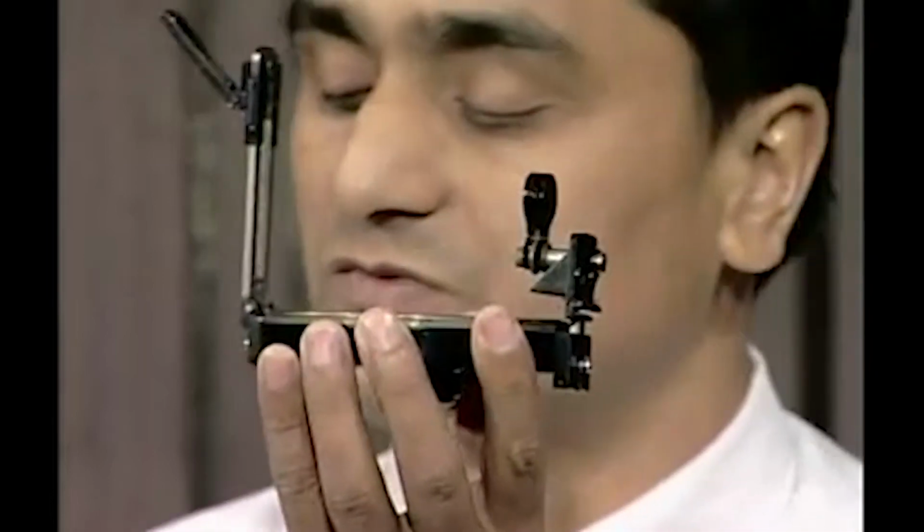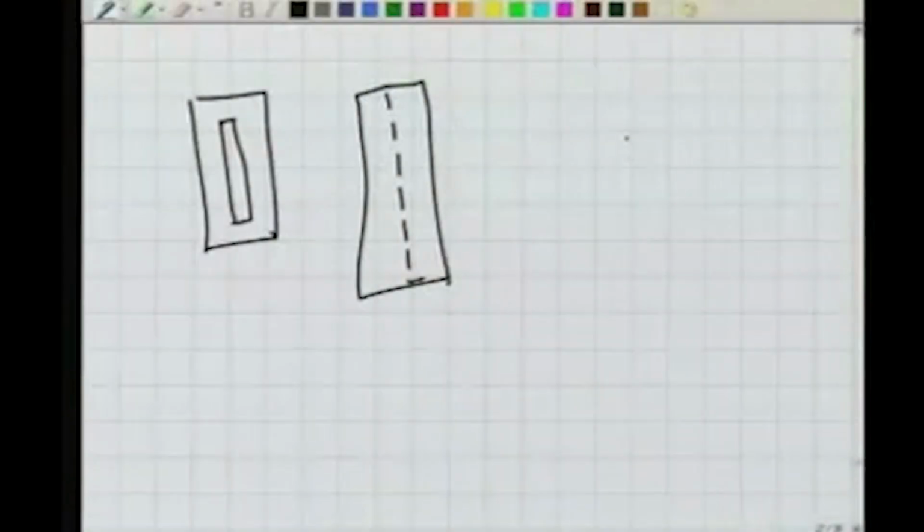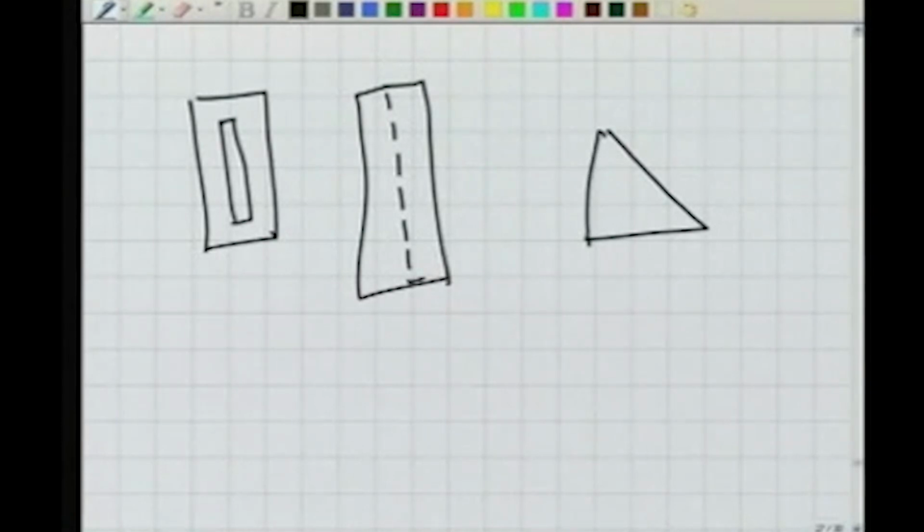Now there is a very interesting thing about these graduations. The graduations in this circle are written inverted. Why are they inverted? If this is the prism here and this is the graduation, then how will it be reflected?